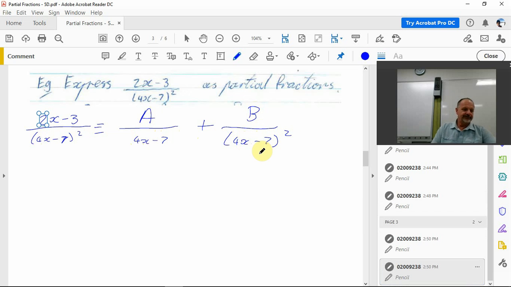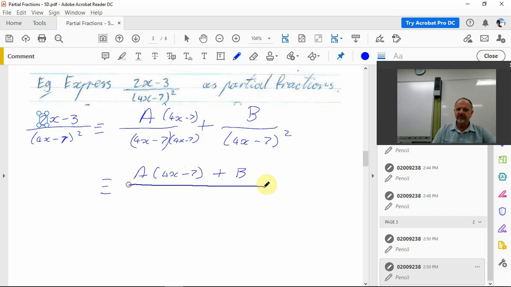All right. So what do we got to do? We got to multiply top and bottom here by 4x minus 7. Which would be a times 4x minus 7 plus b over 4x minus 7 squared.